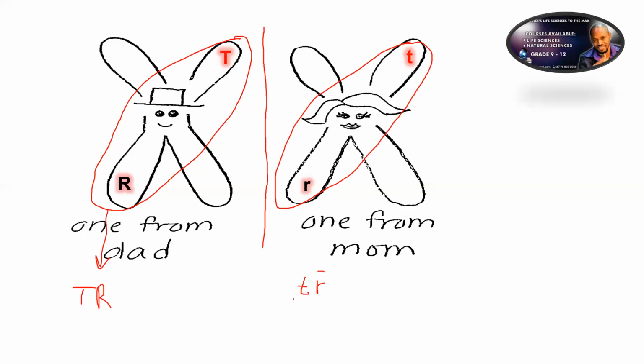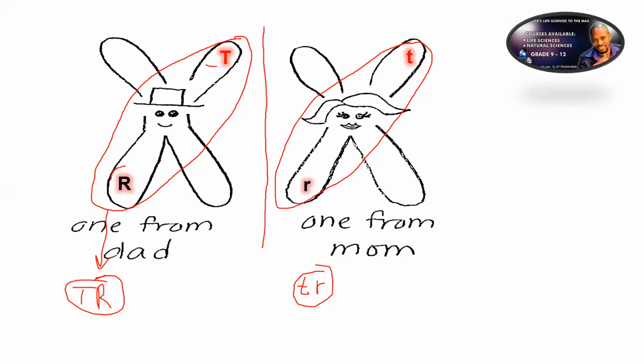Now let's apply independent assortment. When we say something is independent, it means it has a free will. It acts the way it wants, free and not bound to any rule or anyone. Therefore, let's say this allele here says to this guy, it's not because we all come from the same chromosome or from the same place that we will always be together in the gametes.